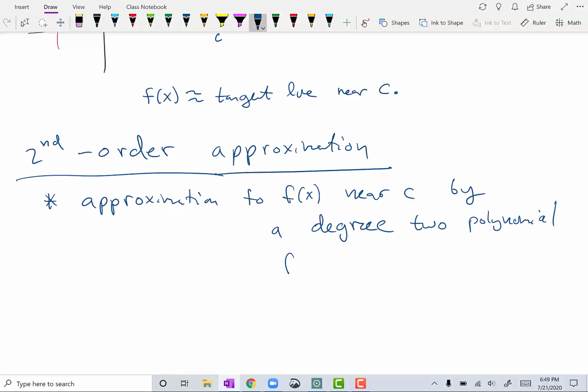So the idea now is that f of x will be approximately some polynomial that looks like this. Instead of a line, it's now degree 2, right? So the order of your approximation means the degree of the polynomial you're using to approximate by.